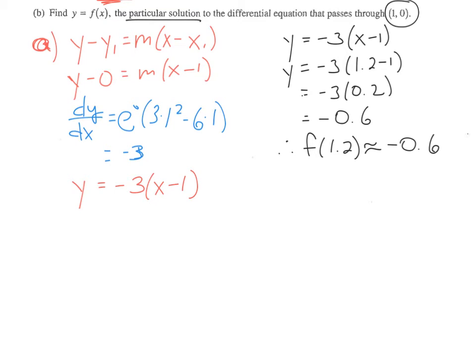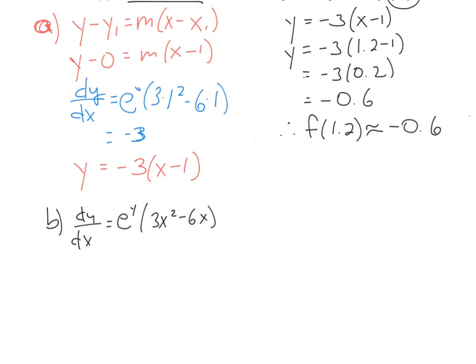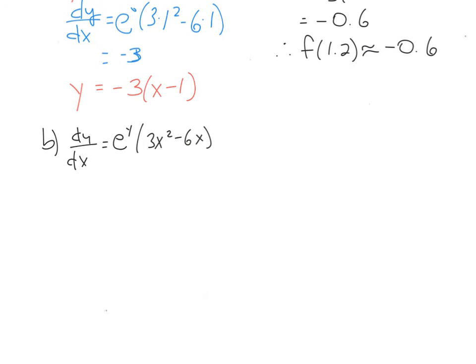So the equation that we're given, I'm going to put x's on one side, y's on the other. And if I divide both sides by e to the y, I get e to the negative y.